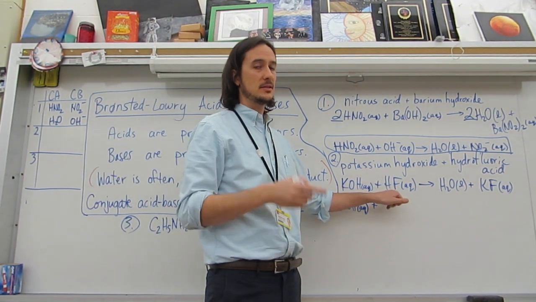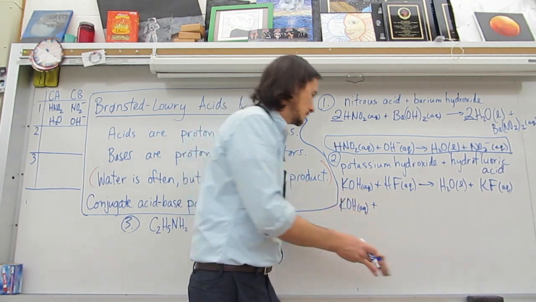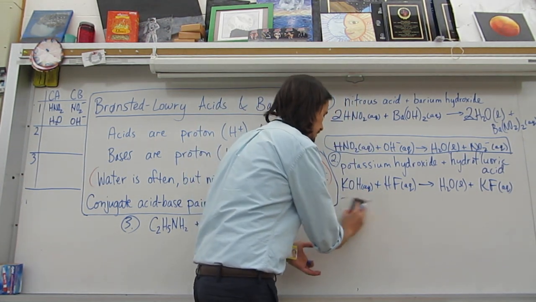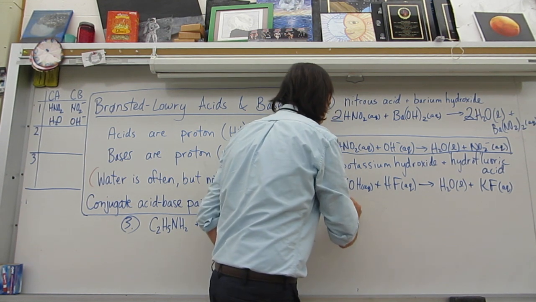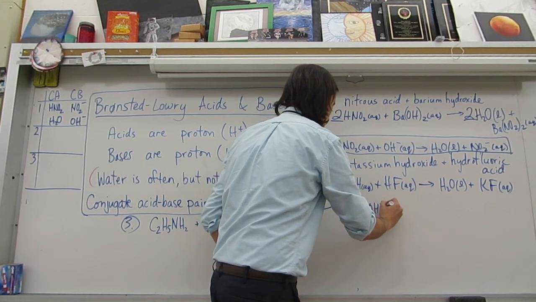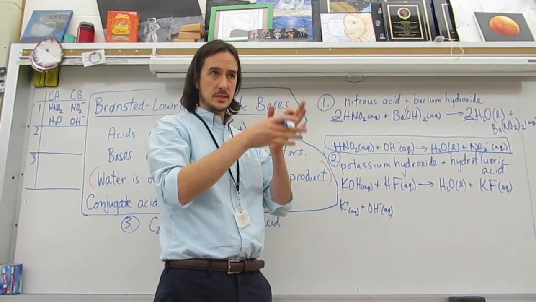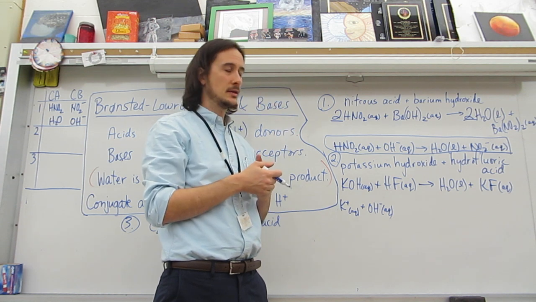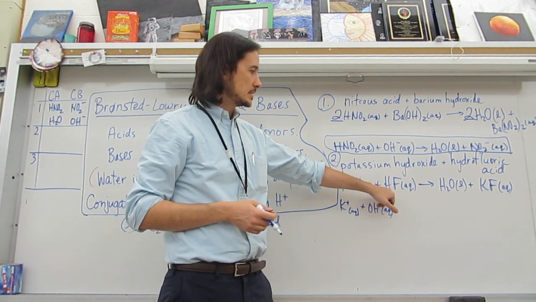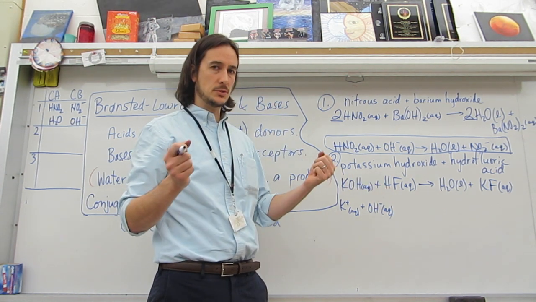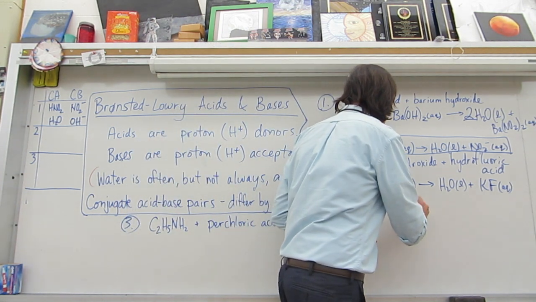HF is not a strong acid. All right, HF, that's a special one in the special halogen, or halide, group. This is not a strong acid, so we don't dissociate it. We keep it as HF.